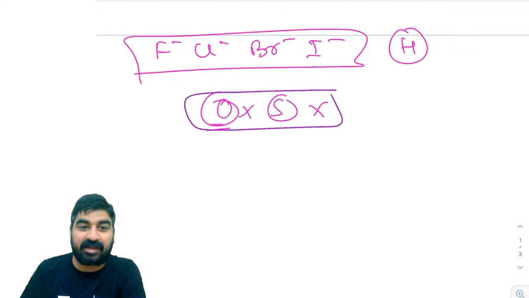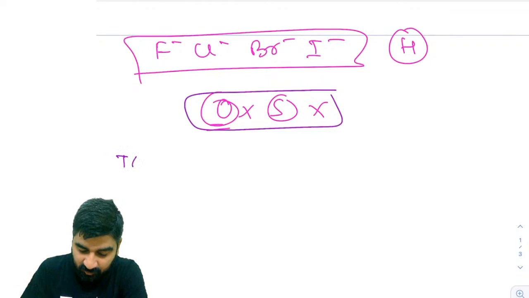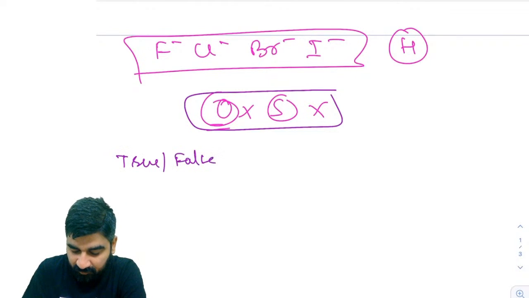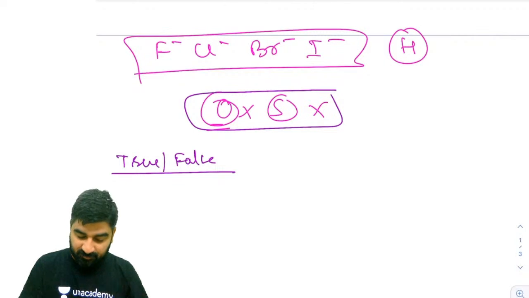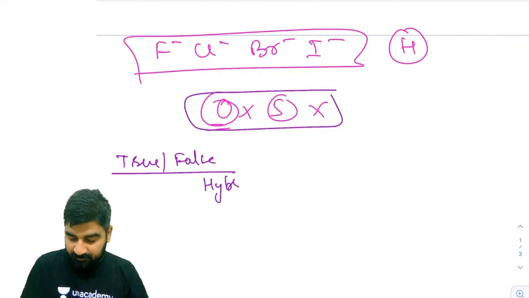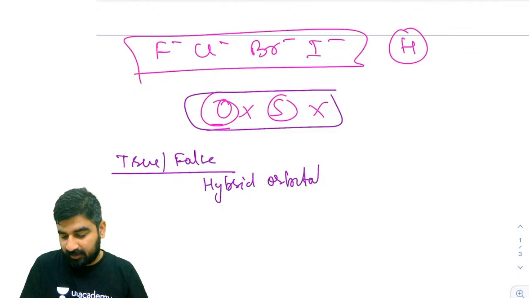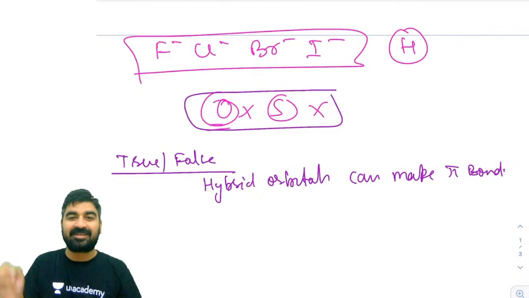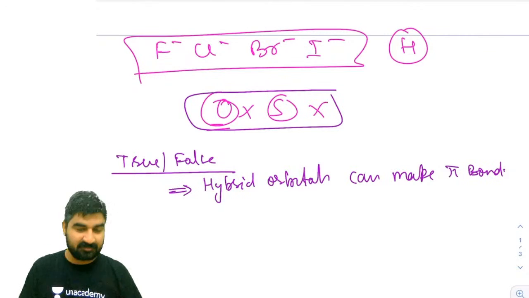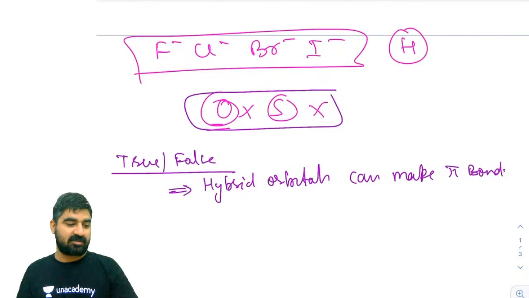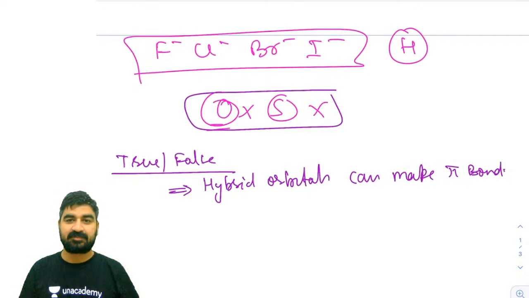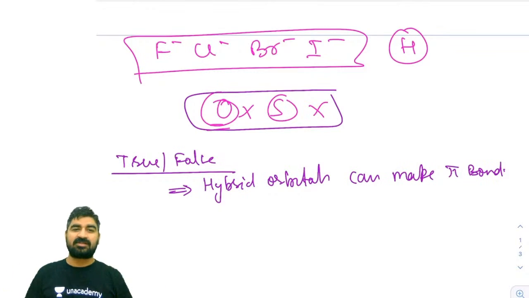So guys, now let's move to the next point, and that point is true and false. Write in the chat box. True or false? Hybrid orbitals can make pi bond. Tell me in the chat box, guys. Whatever is your answer, write in the chat box.